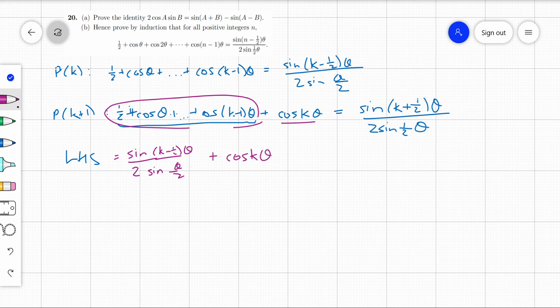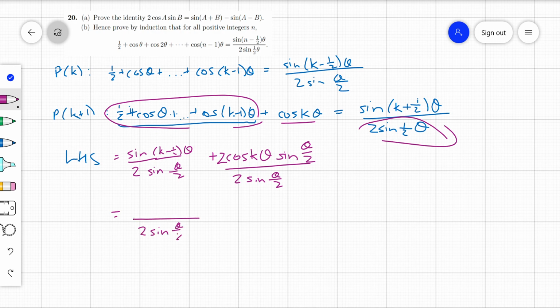That's by itself. Now if I want it to have a common denominator, I'm going to put it on 2 sine theta on 2, so therefore I have to times it by 2 sine theta on 2. Alright, so now we've got the 2 sine theta on 2 that we want on the bottom for everything. So that's all good. And on the top, at the moment we've got sine, so we want to get rid of this, so hopefully when we expand this will disappear.